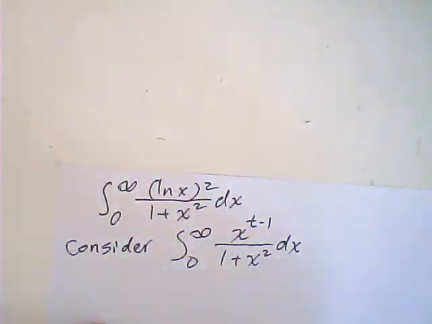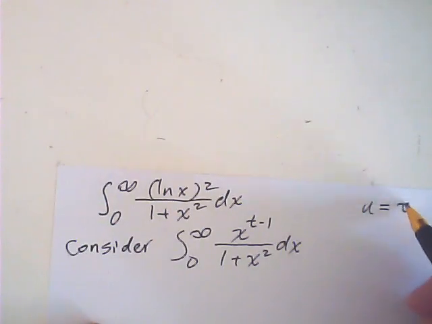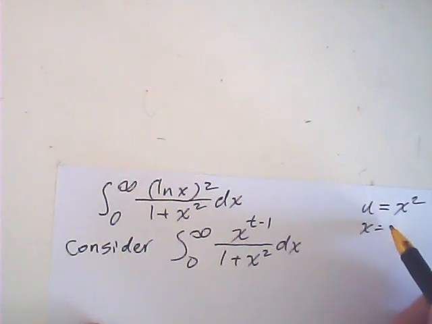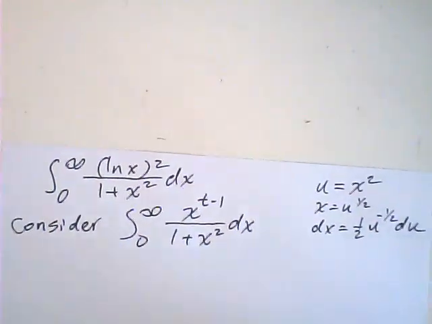Now I'm using a substitution. Let u be x squared, so x is equal to u to the half power, and dx is equal to half u to the negative half du. Yeah, that's obvious.